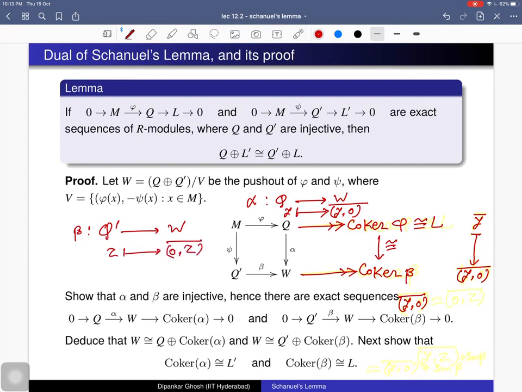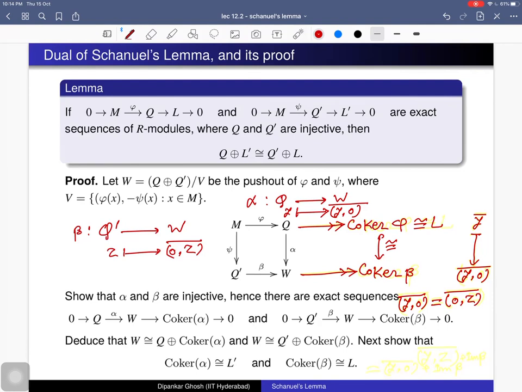So, suppose this element is 0 in co-kernel of beta, and hence this y comma 0 should be in the image of beta. Therefore y comma 0 bar should be the same as 0 comma z bar, because image of beta looks like this kind of element. So if this is 0, then y bar should be 0, and thus this module homomorphism is injective.